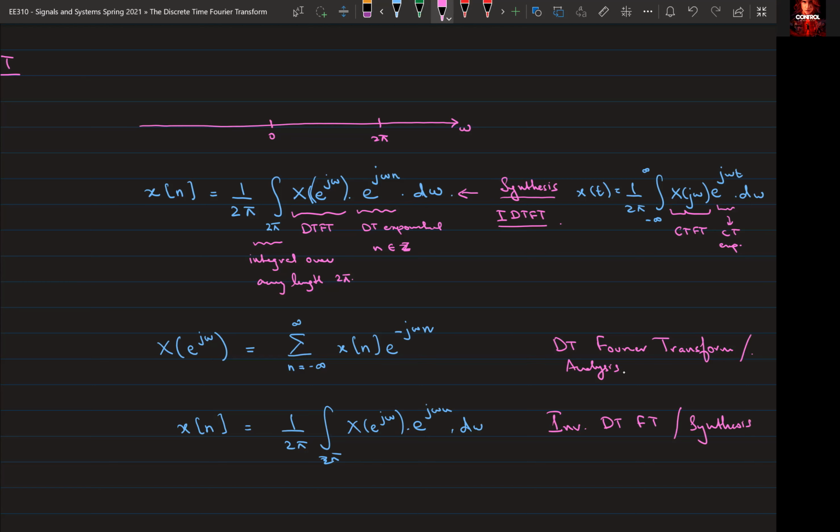Sir, how do I do it step by step? What do you mean step by step? Fourier transform step by step. So if you were to compute the Fourier transform of a discrete time signal x of n, you would use this forward Fourier transform relationship that you see on the screen, which I'm highlighting, right?